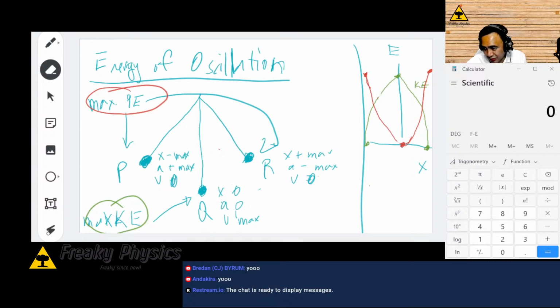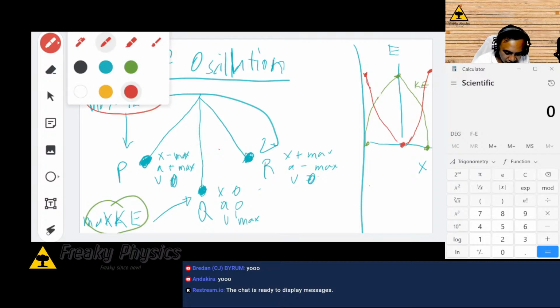It can be a mass on a spring. It could be the particles of water in a wave. As long as it does simple harmonic motion, this is how the energy graph looks. And of course, total energy would be what? Let's use black for total. So this is PE.